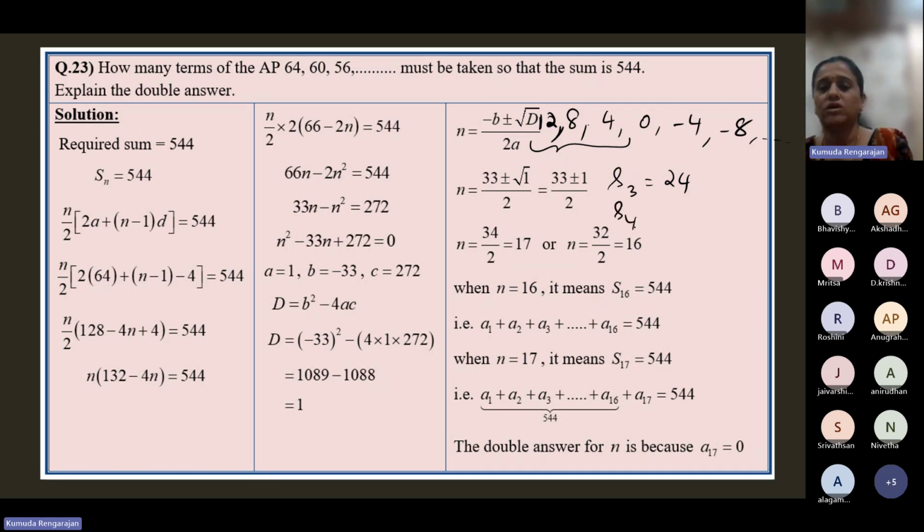What is S4, the sum of the first four terms? 12 plus 8, 20, plus 4, 24, plus 0, 24. So you see that in this AP, S3 is 24 and S4 is also 24. Why? Because A4 is 0.